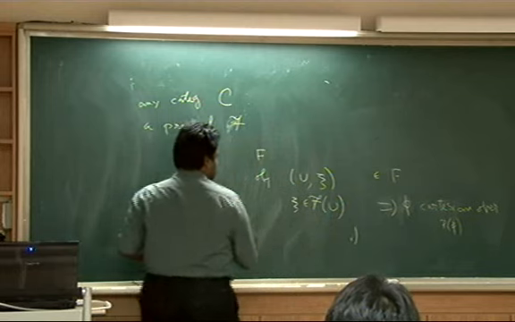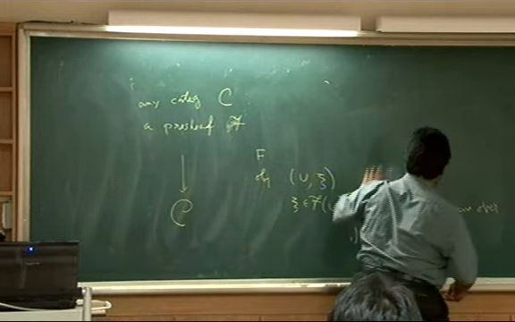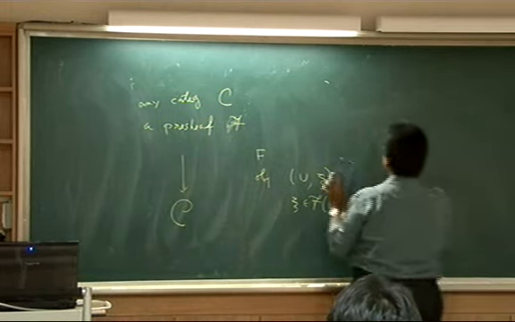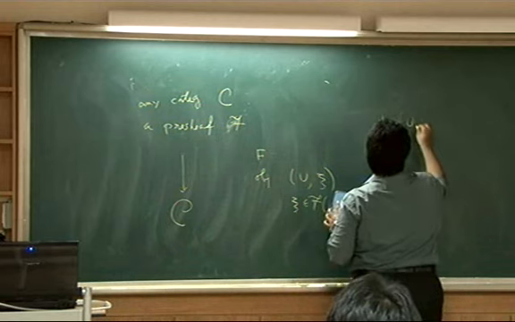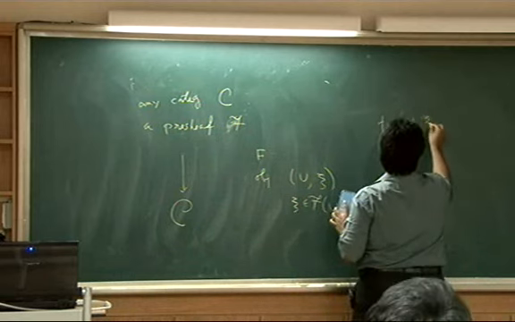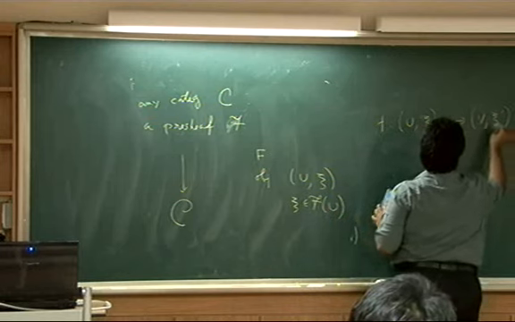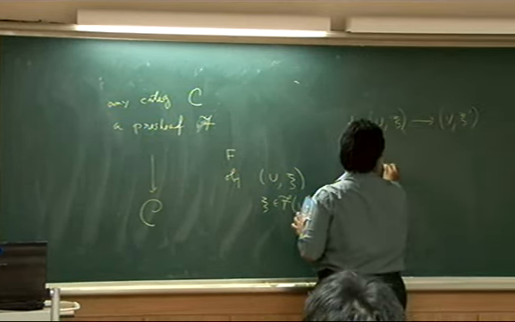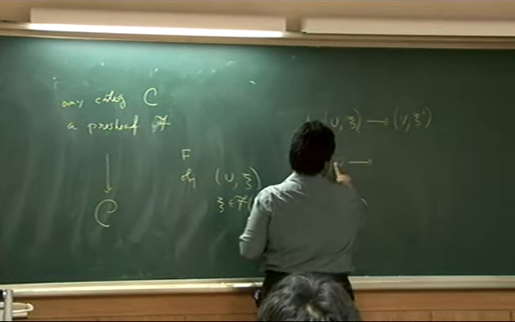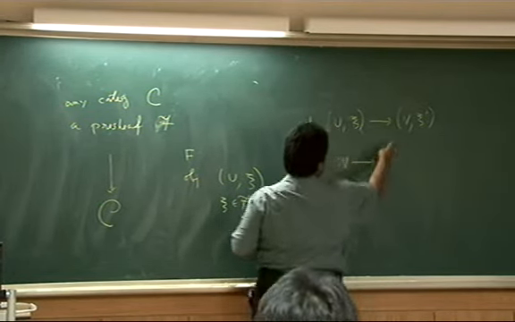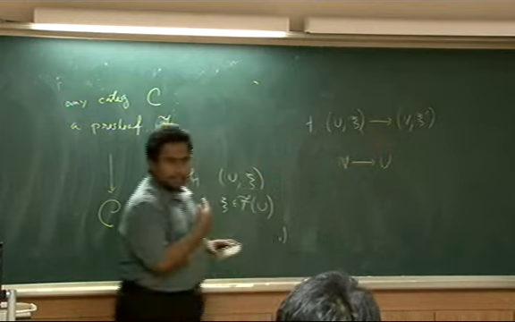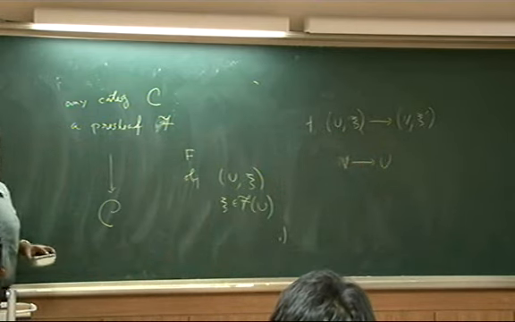And what would be a morphism here? A morphism from (U, xi) to (V, xi prime) would be a map from V to U, which takes xi prime and maps it back to xi. So that would be a morphism over there.